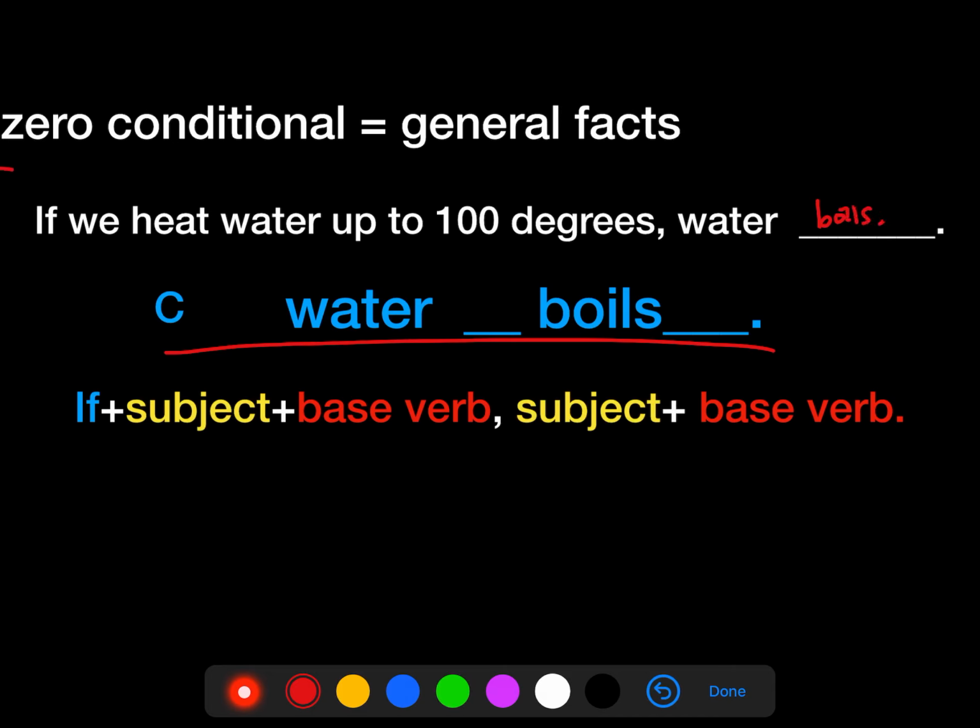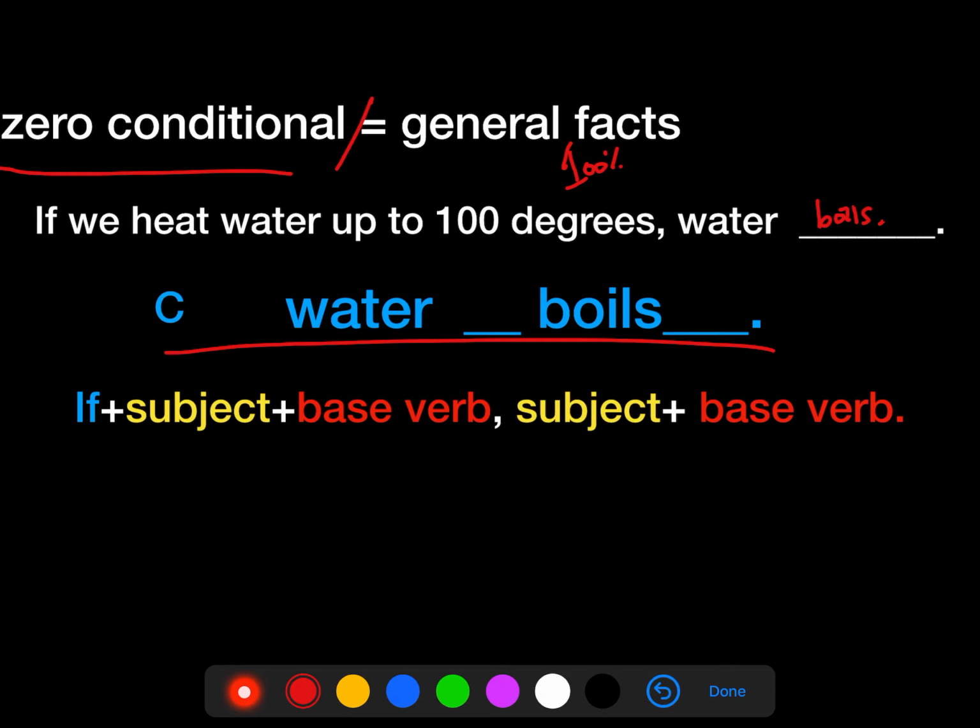So we're talking about zero conditional. And what did I say? We use zero conditional when we want to talk about 100% true general facts.